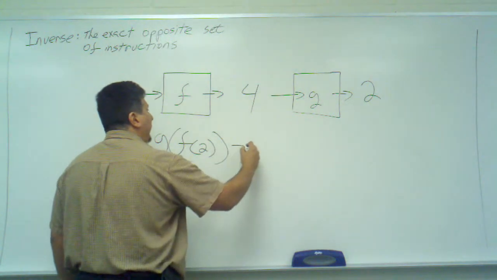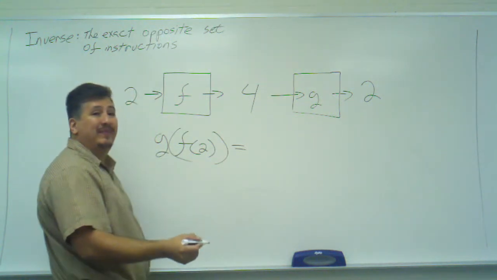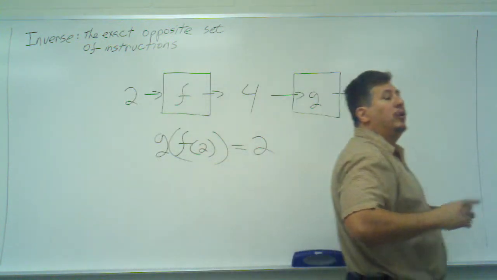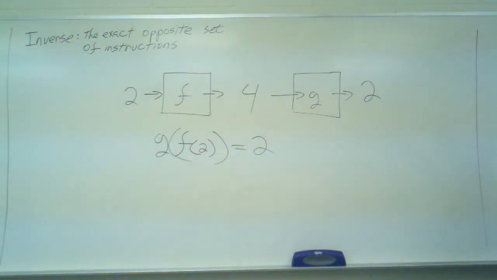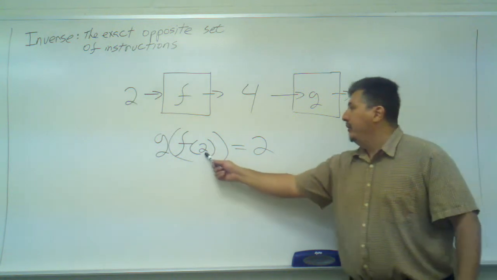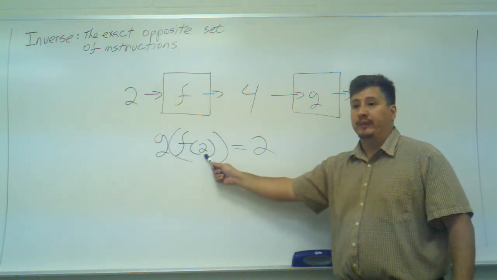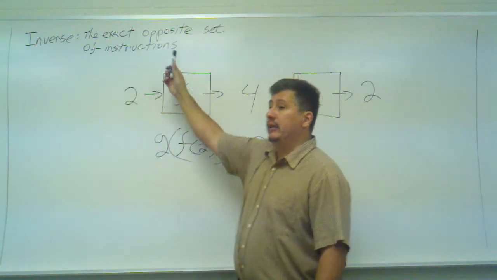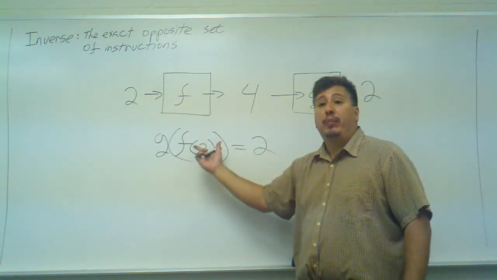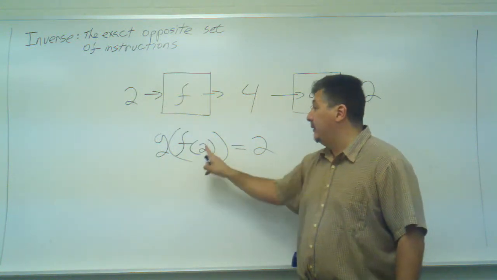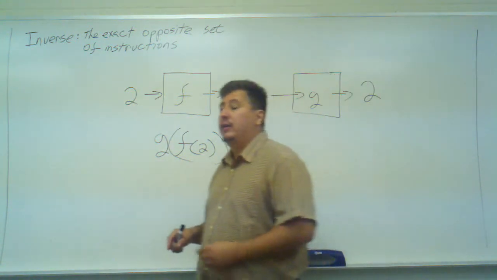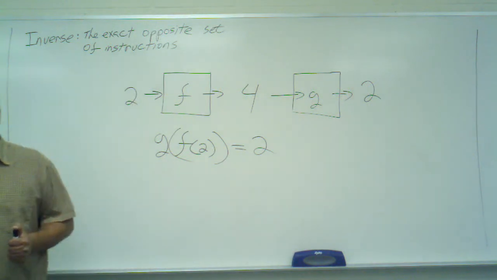And I ended right back with the 2. So when I go through both set of instructions, I build something out of that 2. That's my original function. The inverse takes it apart, whatever I built, and sends it right back to the original parts. Does this make sense to everyone?